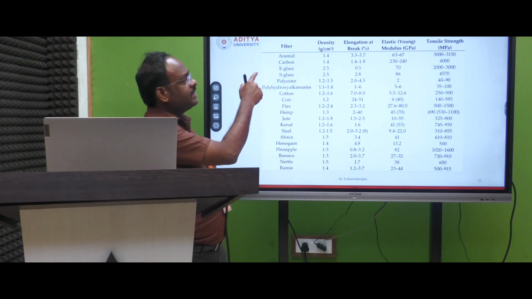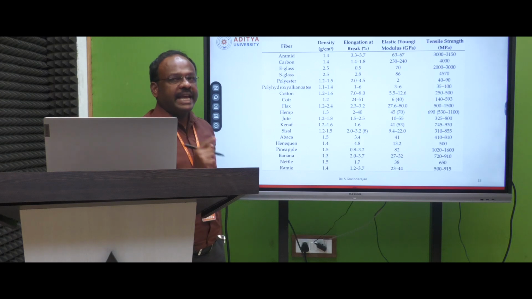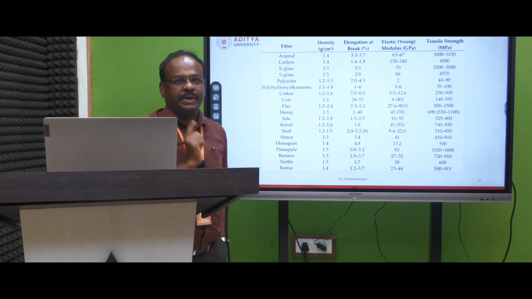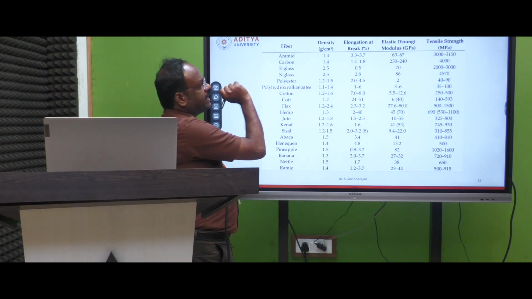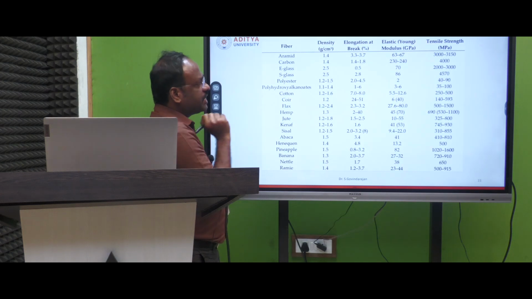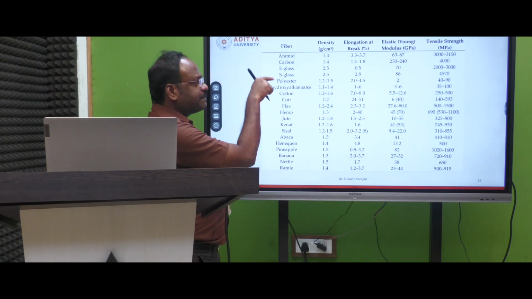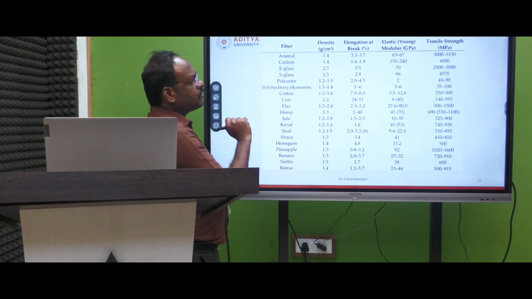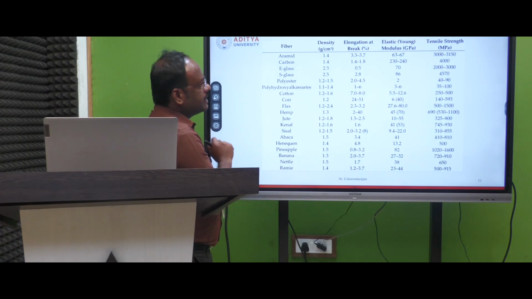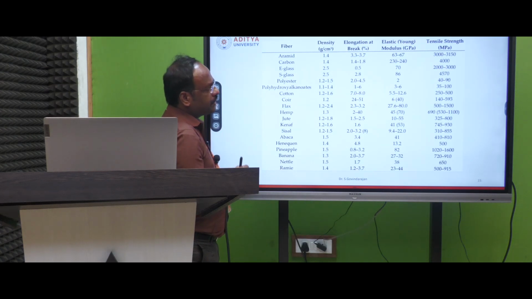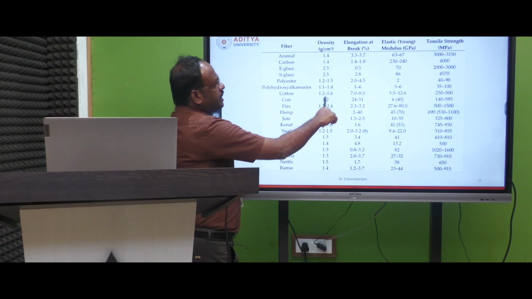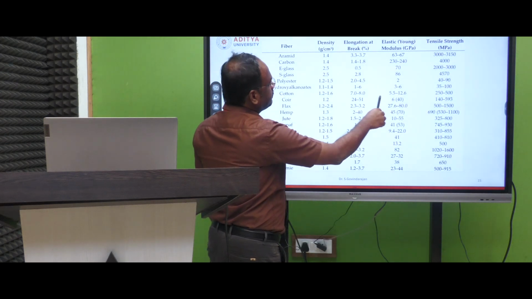So what are the parameters they are testing? All these values come from experimental test results, right? The first one is density, the second is elongation, the third is Young's modulus, and the last is tensile strength, right? So all these values are obtained by conducting experiments. Here you must check this one.